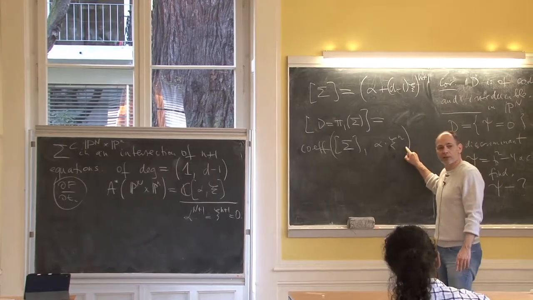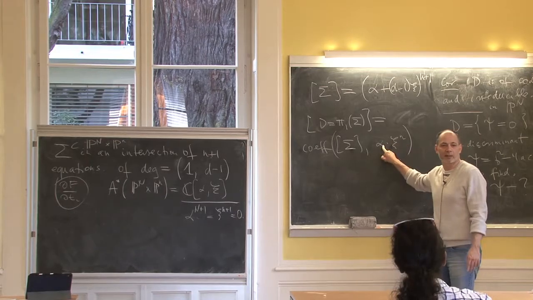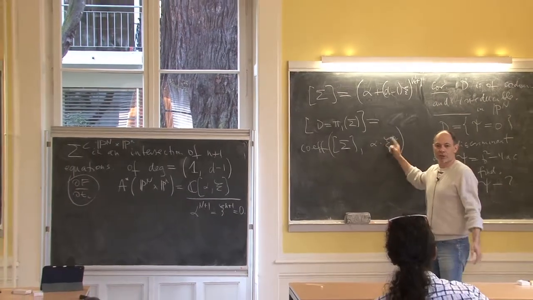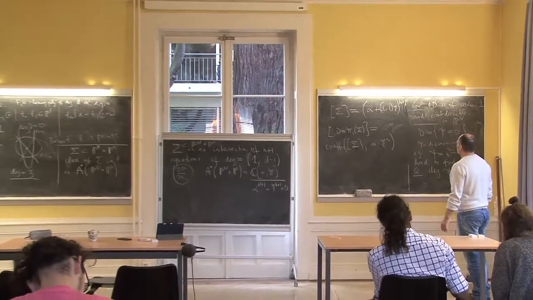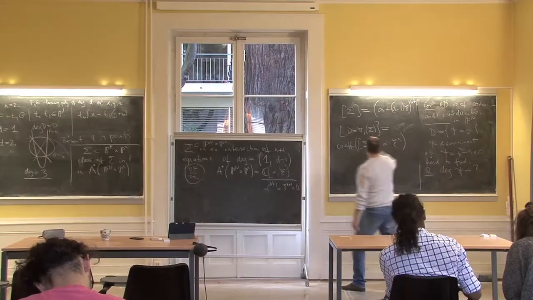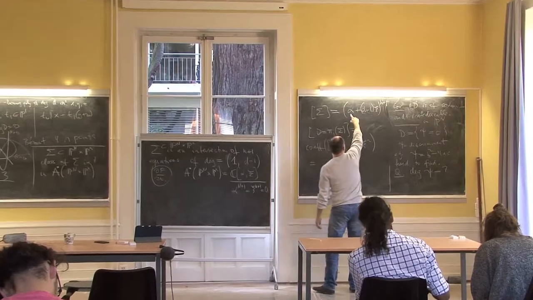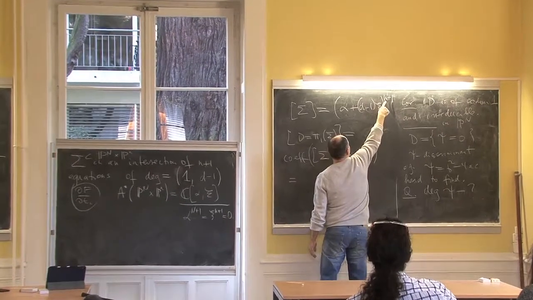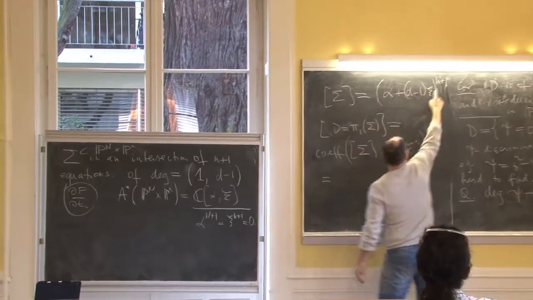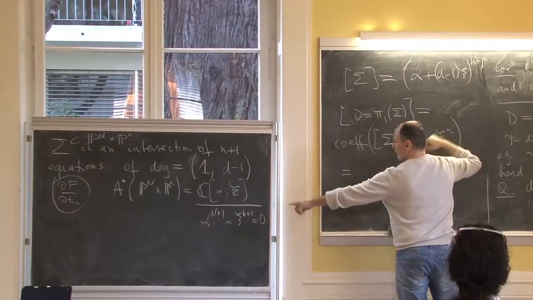This means a singular point anywhere, and this means a line in Pn, and this means just take a linear family of the thing. And if you do that, then you can easily see that this is equal to, well, alpha. So this is actually the very last term, where you take psi to the n. So psi to the n plus 1 is actually 0, so that doesn't exist.